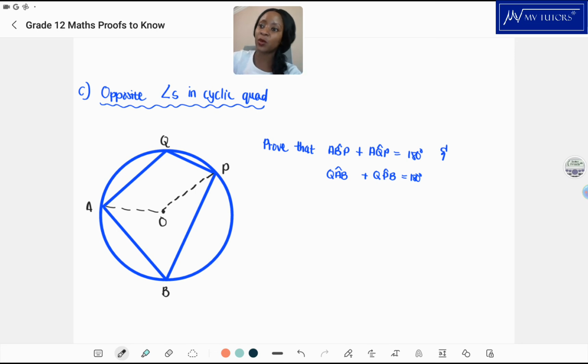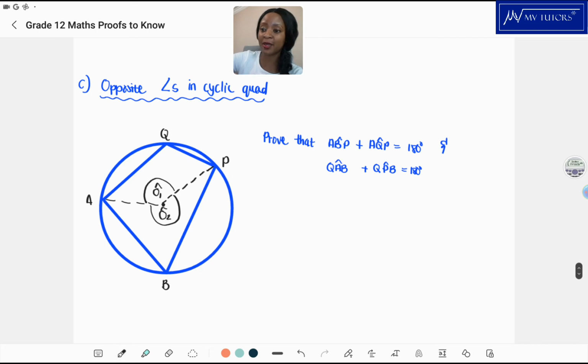Once we have that, we can label this angle as O1, and we can label this side as O2. Now we're going to use the theorem we proved first, angle at the center, and see where that takes us. Seemingly that seems to be working for these proofs. So we can then say O1, the angle on this side on top, is going to be twice B, but B in which triangle?